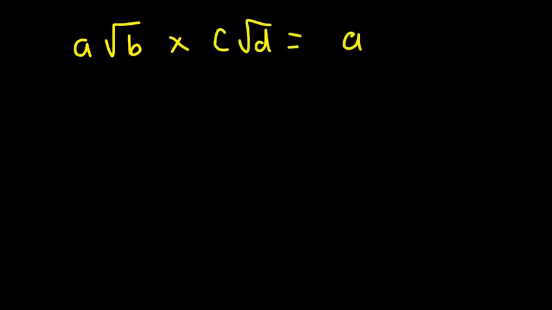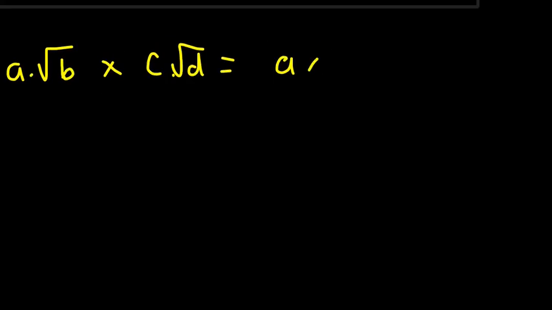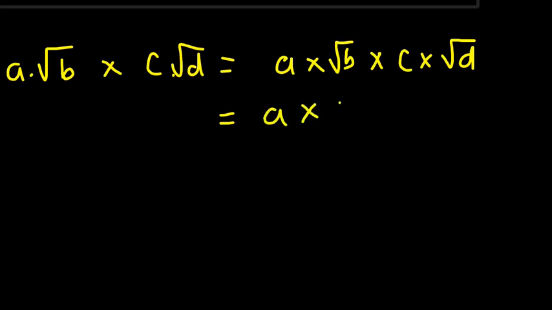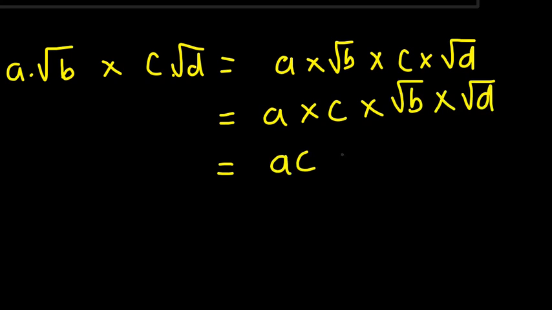And the other ones, maybe a root b times c root d, which is the same as a times root b times c times root d, since this is multiplication. So what we have to do is regroup. You can regroup it as a times c times root b times root d.